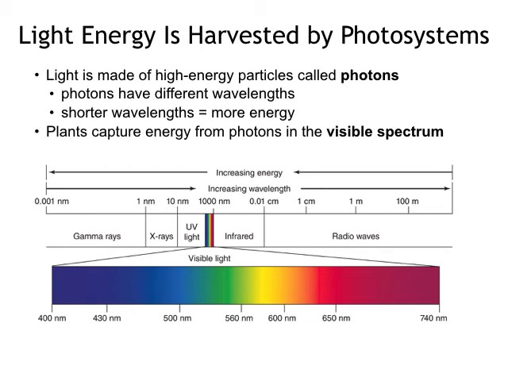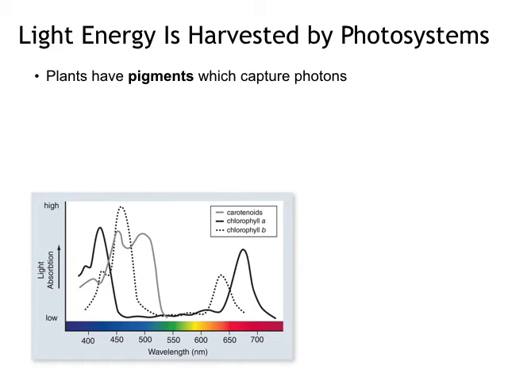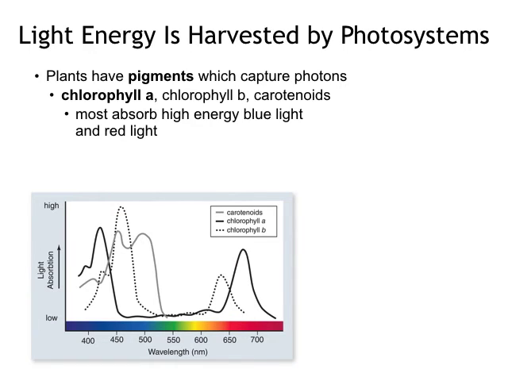And that's where the energy in light that plants capture is found. The way they do this is plants have pigments that capture these photons. Chlorophyll A, chlorophyll B, and carotenoids are the most common pigments in plants. And most of these absorb high energy blue light and red light.